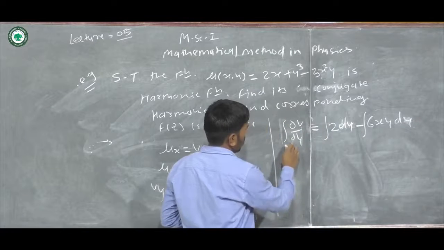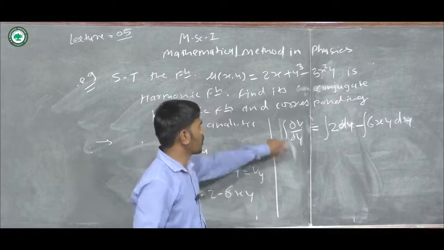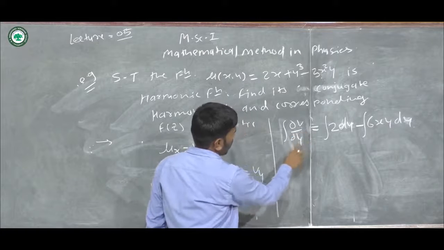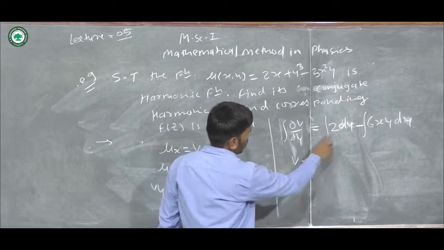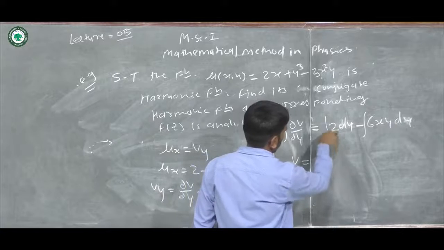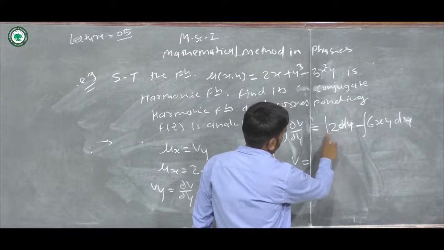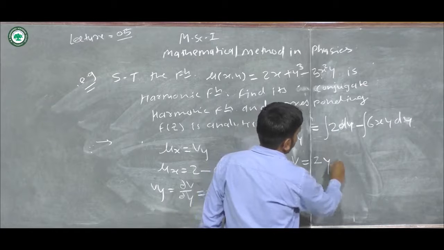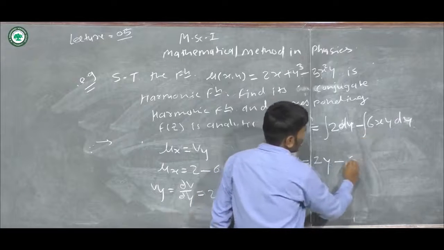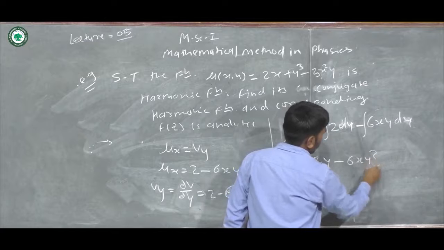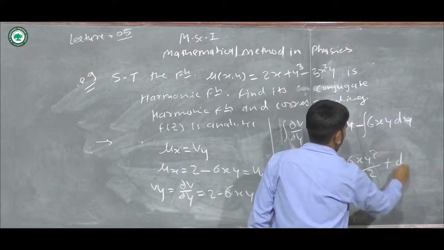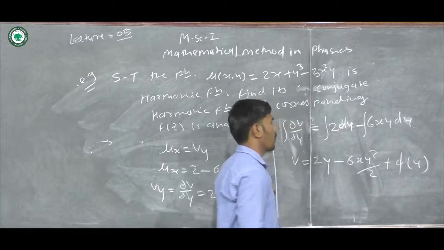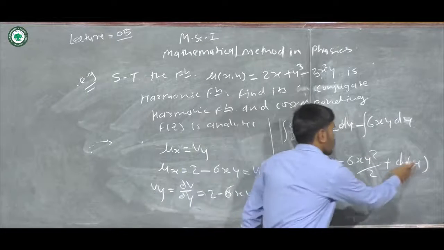If we integrate with respect to y, dou v by dou y gives v, and integrating 2, a constant, gives 2y minus 6x y square by 2 plus phi, which is a function of x, sorry, a function of x, it is not y.